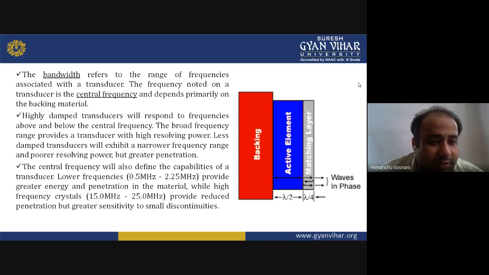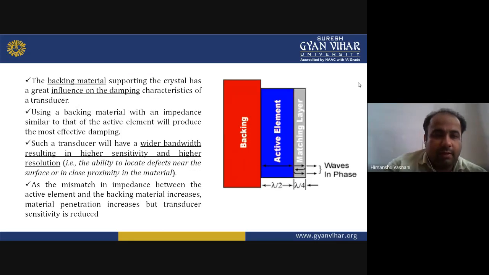The broad frequency range provides a transducer with high resolving power. Less damped transducers will exhibit a narrower frequency range and poorer resolving power, but greater penetration. We also studied this in the previous slide. If there is a mismatch in the impedance, the material penetration will increase, but transducer sensitivity is reduced.